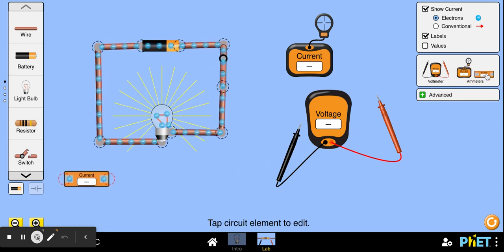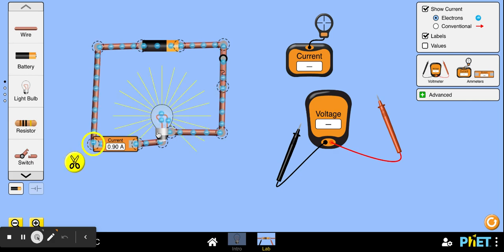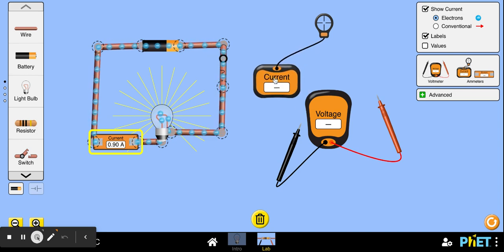When you're actually measuring with ammeters in real life, we would put an ammeter directly in the circuit because it's measuring flow. It has to have that flow going through it. But I also like this handy ammeter that you can just hover. So when you're using your PhET simulation, it's quite handy to use this hovering ammeter.